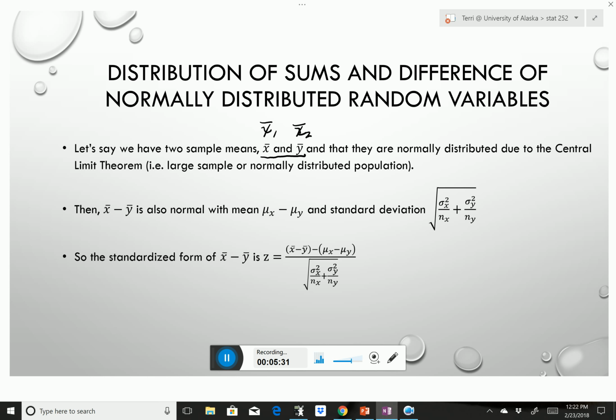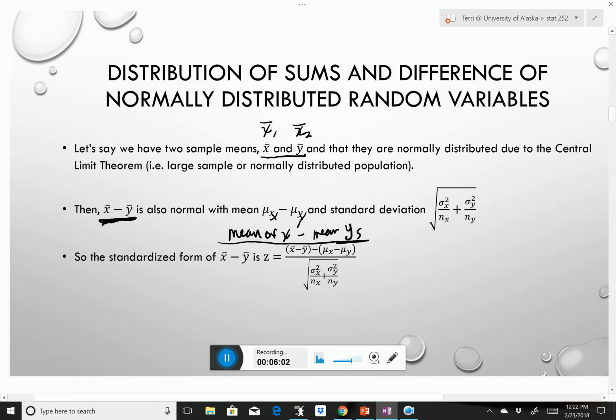Then X bar minus Y bar is also normal with mean mu of X minus the mean of Y. So this is the mean of the X's minus the mean of the Y's. Oops, I said X again. So the mean of the difference in their sample means is the difference of the means.